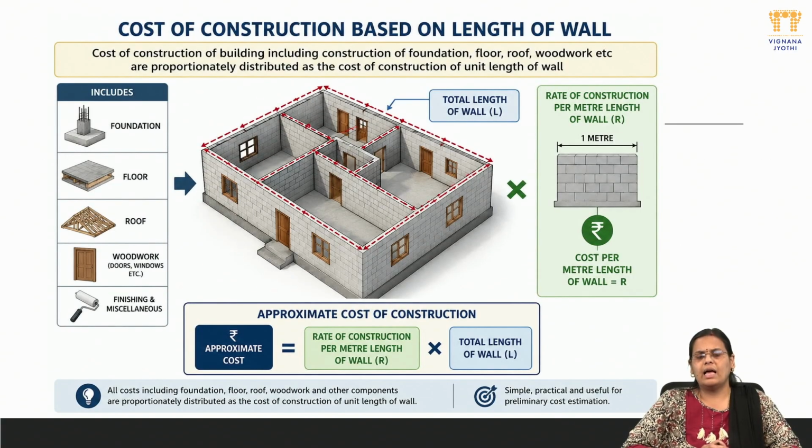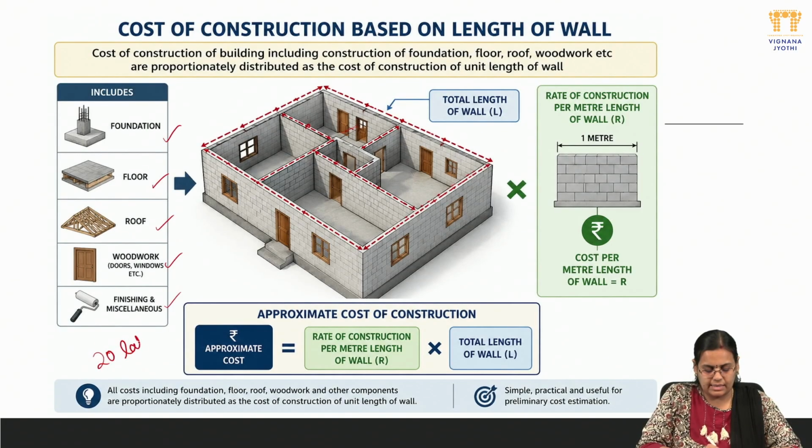Right. Here, as an example, in the figure, you can see a building where the cost of construction includes the construction of foundation, floors, roof, woodworks and other finishes. The total cost of this building will be somewhere around 20 lakhs, let us consider. Here, the building view is given. So, from that view, you can see the wall length.